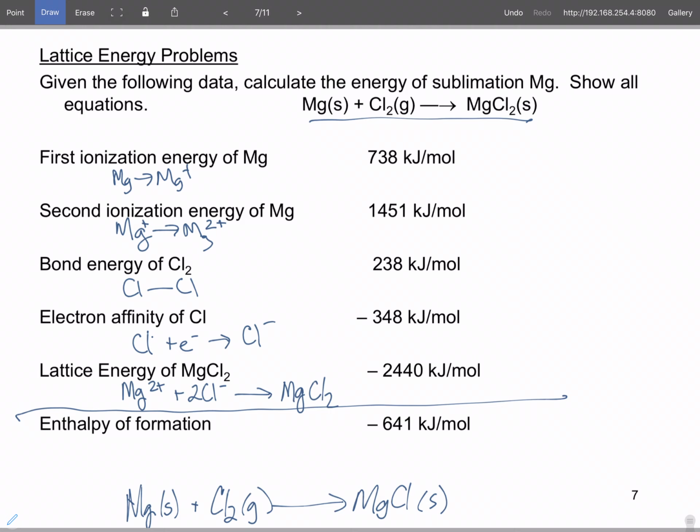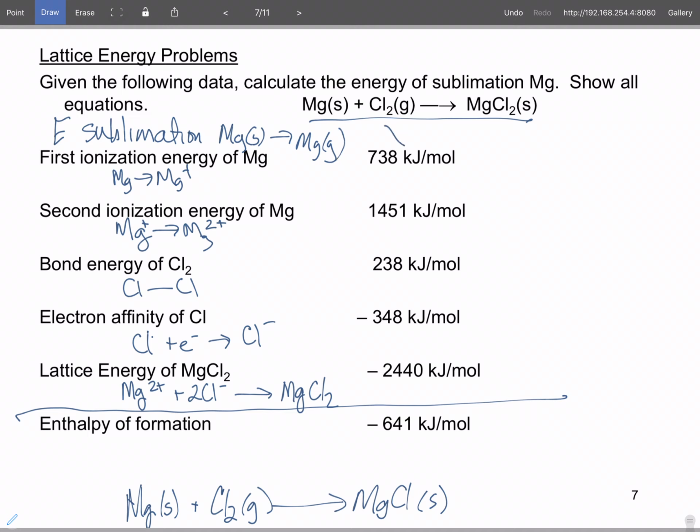Excuse me. So what you're seeing here is, wait, shouldn't all these add together? Yeah, but we're missing something. We have ionization energy. What we didn't do is energy of sublimation, which is taking magnesium solid to magnesium gas.